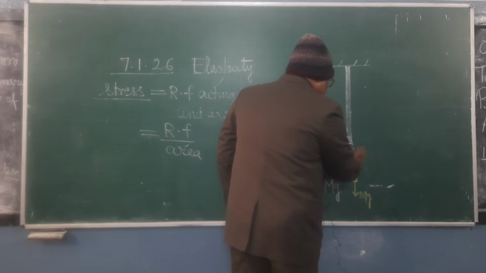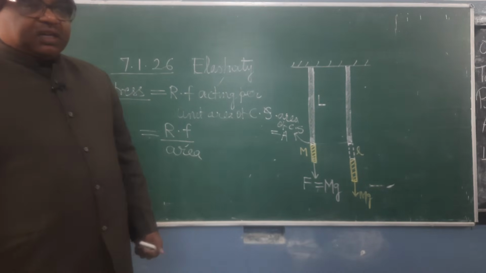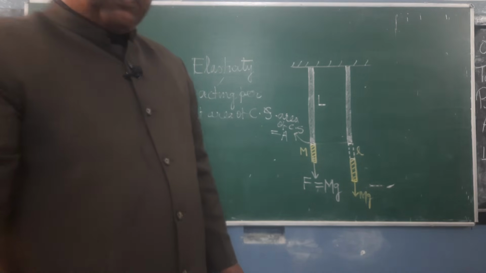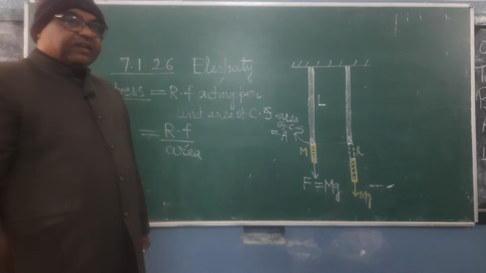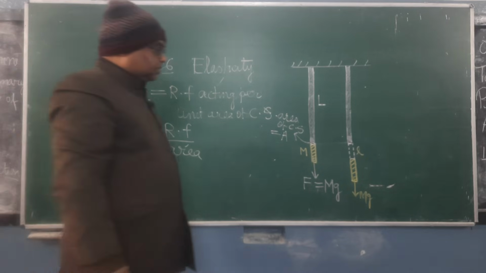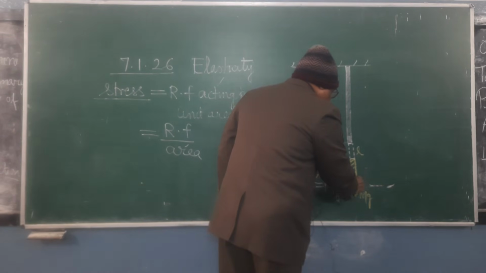Means the length which has increased by small l. Now see here, one restoring force will set up on the body, and that restoring force will act in what direction? So that will act opposite to the deforming force.